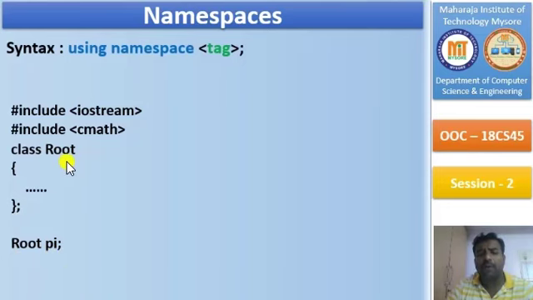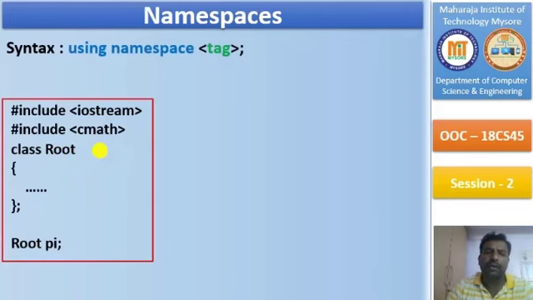Now what if iostream or cmath adds its own class declaration similar to the class name root, or an object called file? If any of these header files had declared a class called root or an object called pi, then this would have been a naming conflict.